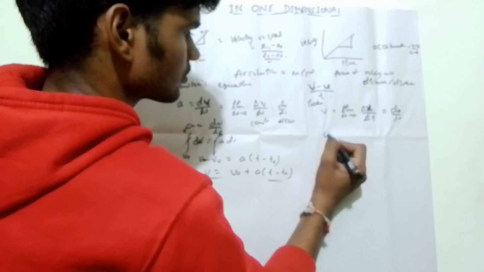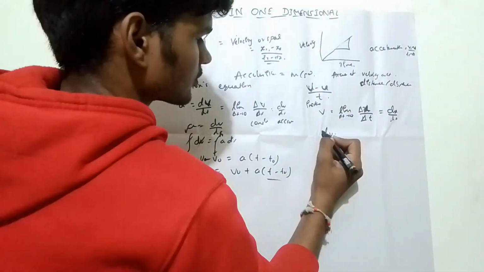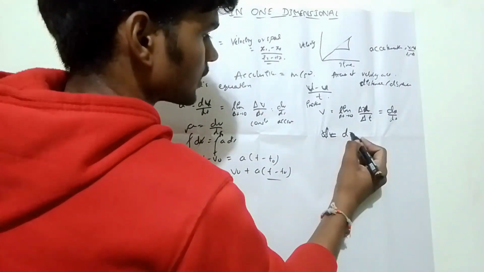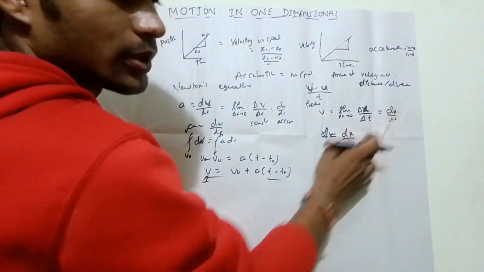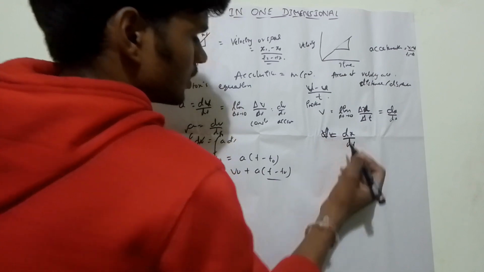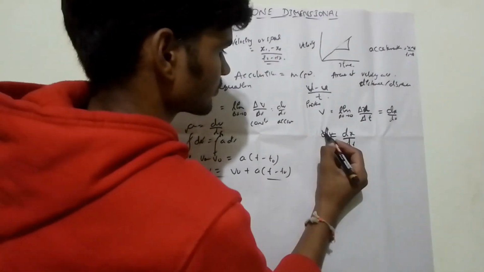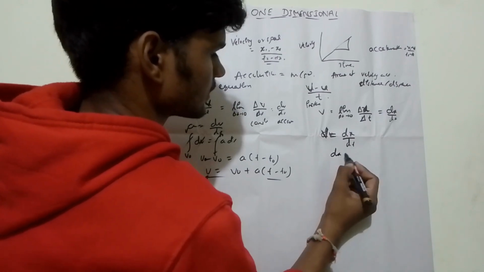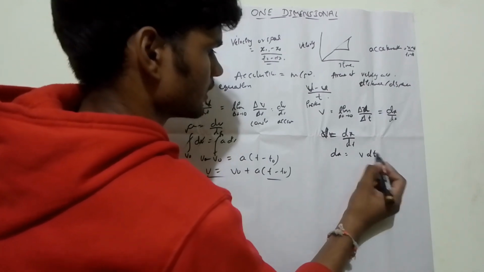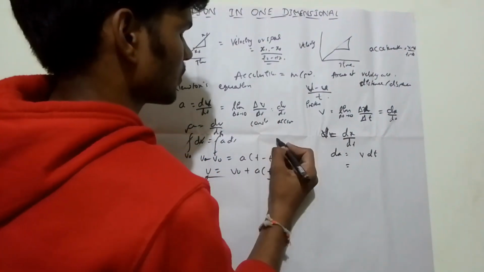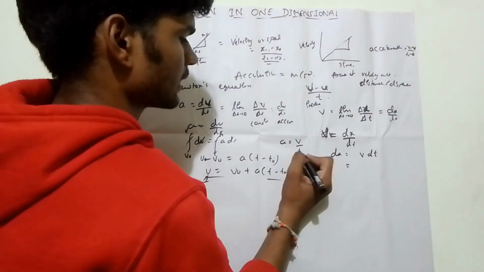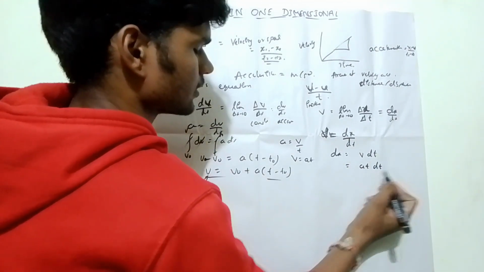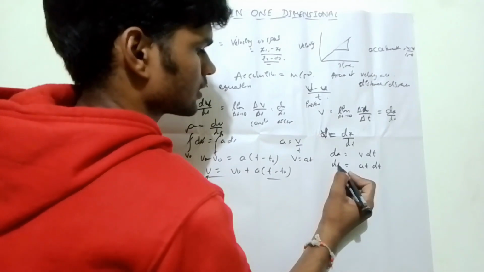Second one. v is equal to dx by dt, similar to this. dx is equal to v dt. As we know, a is equal to dv by dt, so v is equal to a t.